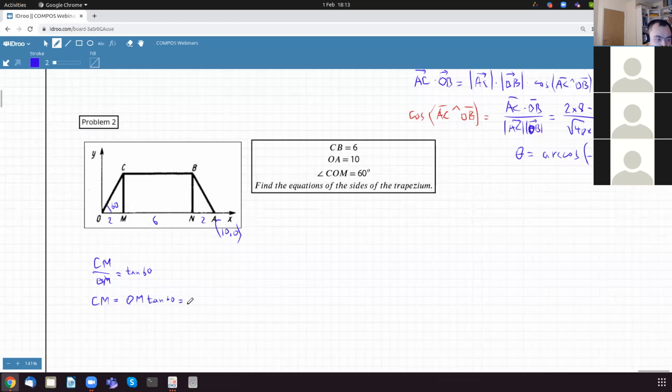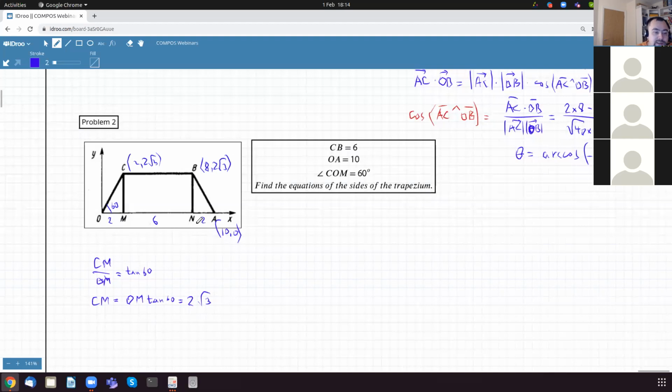And we know that OM is 2, and tangent of 60 is square root of 3. So 2 square root of 3. So C has coordinates (2, 2 square roots of 3). And B has plus 6, so it's (8, 2 square roots of 3).